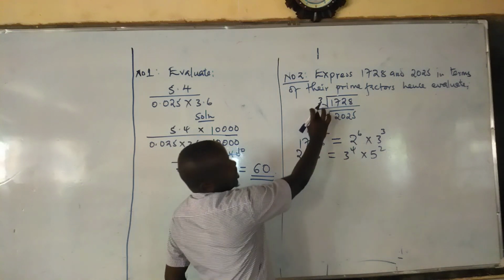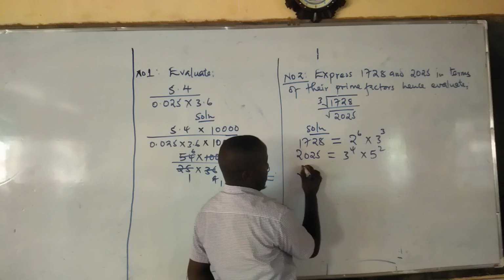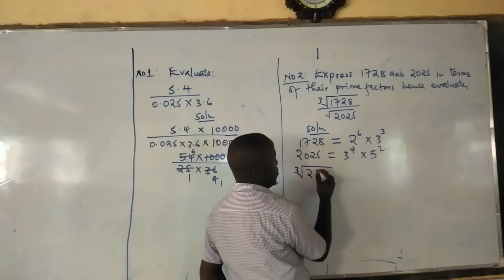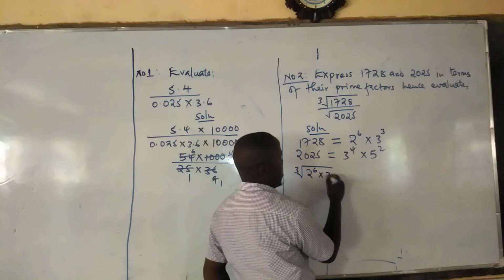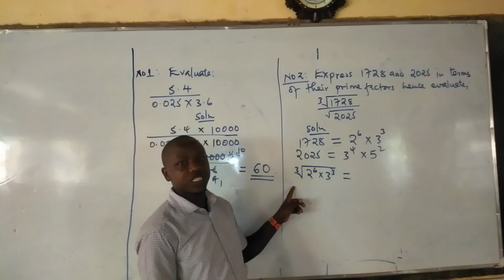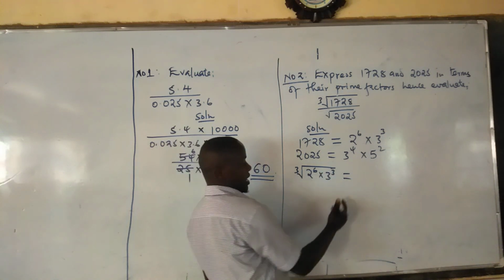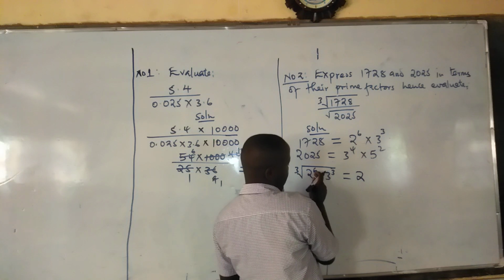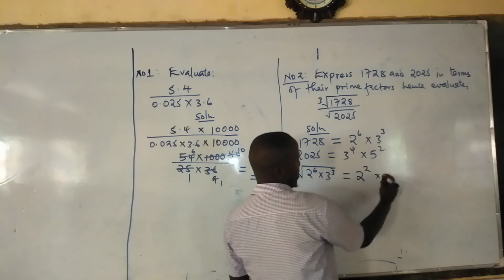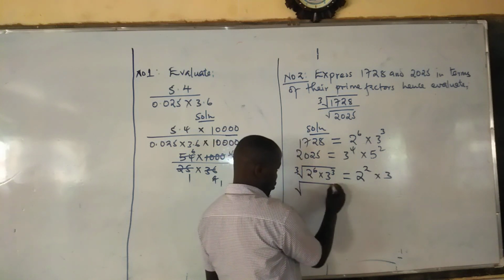Now, to solve this one, we will have the third root of 2 power 6 by 3 power 3, and when we are taking the third roots, we just divide the powers by 3. And this will be 2 power 6 becoming power 2, times 3 power 3 becoming 3 power 1.